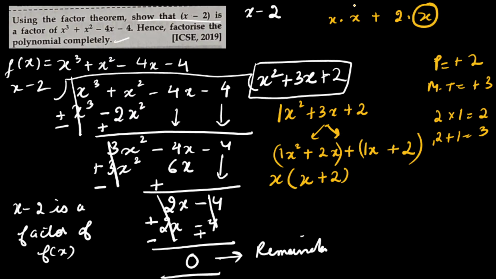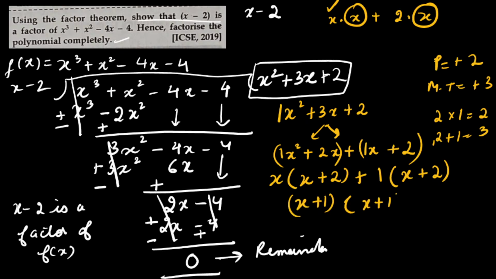So we have taken x common and written it outside. So what is left? x plus 2. Here nothing is common, that means 1 is common. So the same thing I can write, x plus 2, which is left behind. Now x plus 2 into x plus 1 are the required factors.